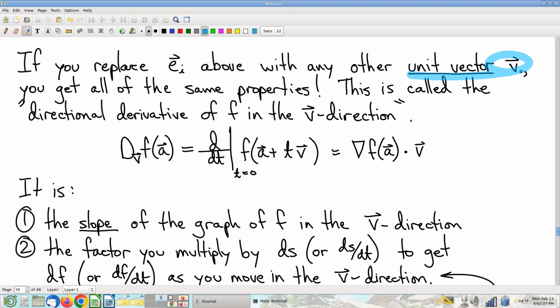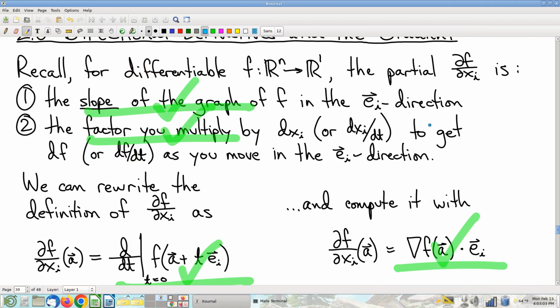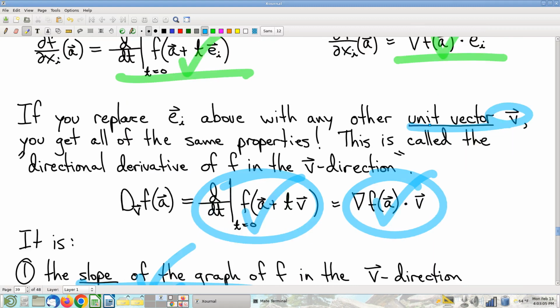Any unit vector, I can define this expression, I can talk about what the slope of the graph is in that direction, and I can talk about what the multiplicative factor should be in that direction. And just like with partial derivatives, all of these things are equal. It's just a kind of a rip-off of what we talked about up here. Again, I'm not doing this rigorously, it's not my goal.